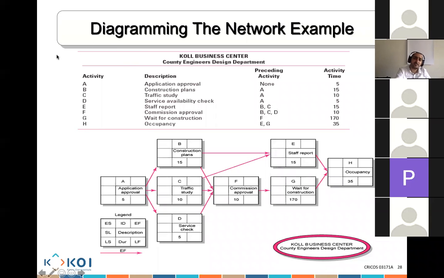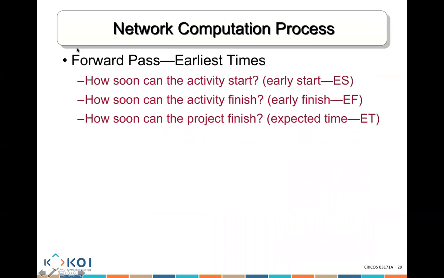Okay, so we'll start making the calculations now. We need to make the network diagram calculation. There's what we call a forward pass, and there's what we call a backward pass. Forward pass: what is the actual earliest time an activity could start? Early start time. EF is early finish. How soon can the activity actually finish?